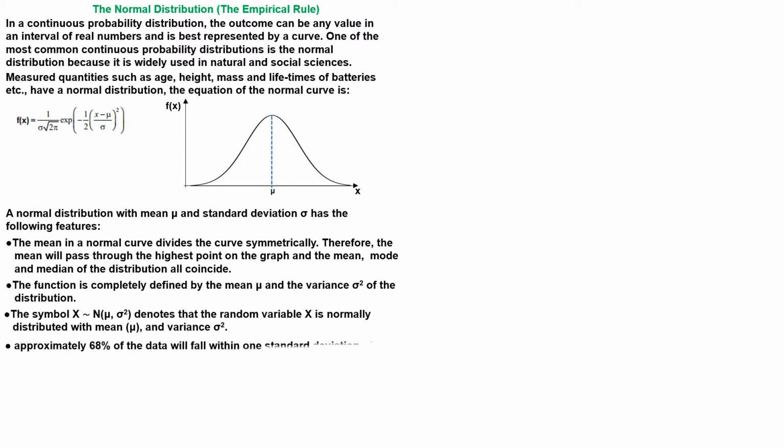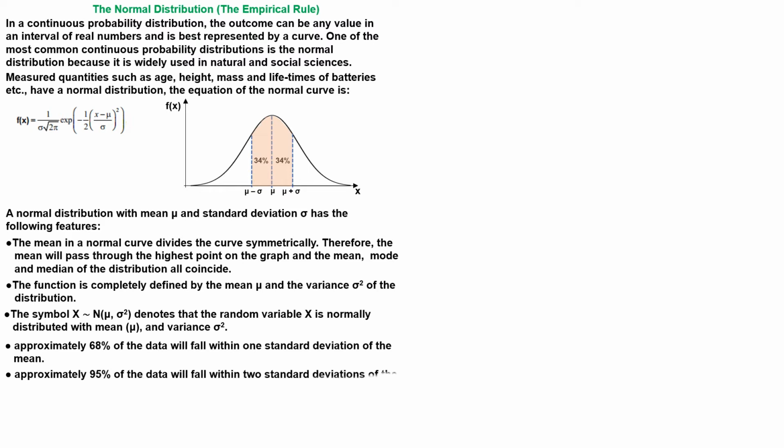Approximately 68% of the data will fall within one standard deviation of the mean, between the mean minus one standard deviation and the mean plus one standard deviation. Approximately 95% of the data will fall within two standard deviations of the mean, between the mean minus two standard deviations and the mean plus two standard deviations.